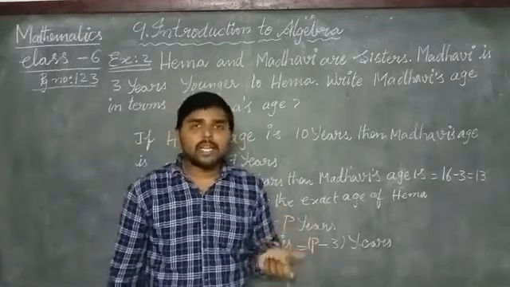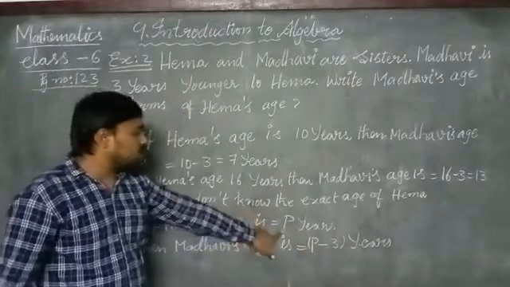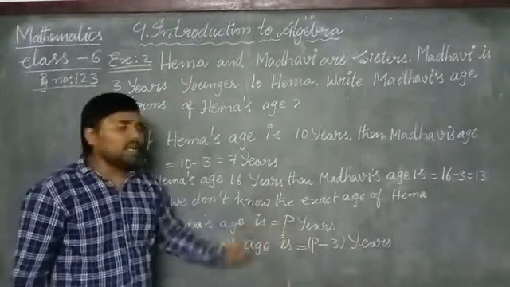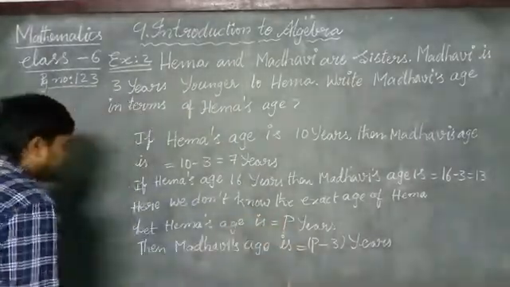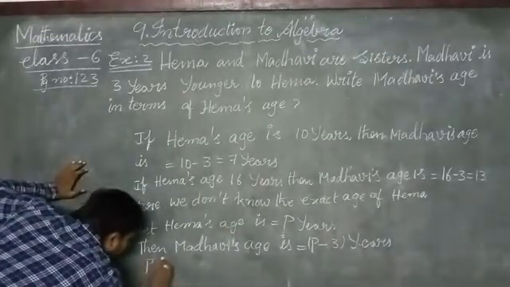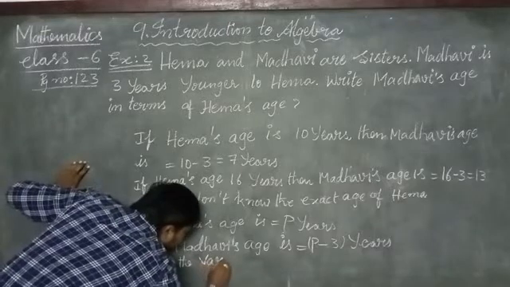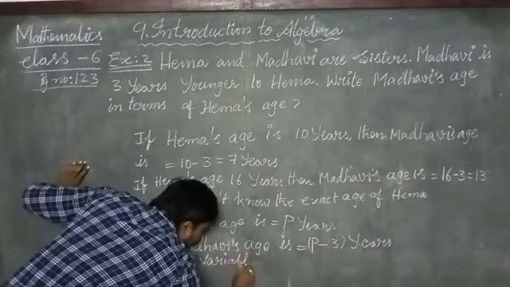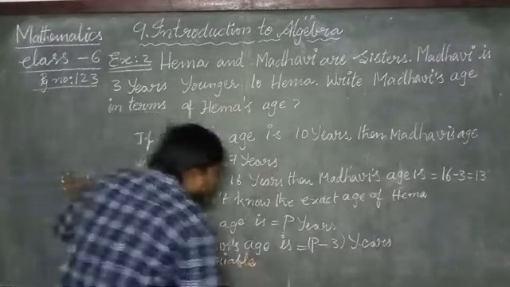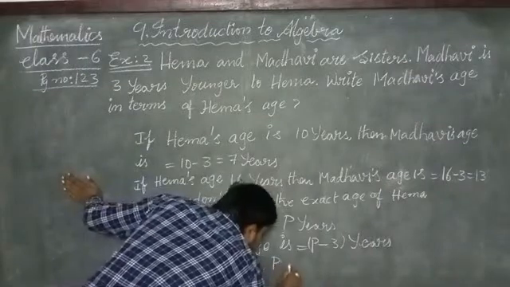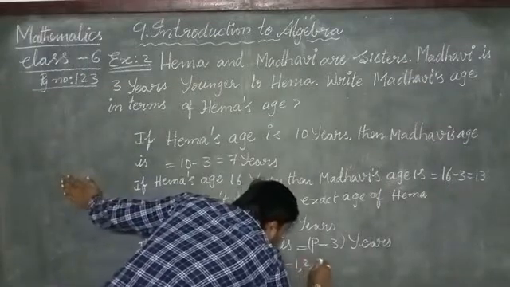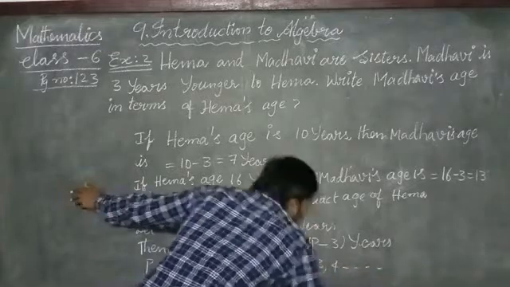That is why we can take any value instead of P. P is the variable and P equals 1, 2, 3, 4 and so on.